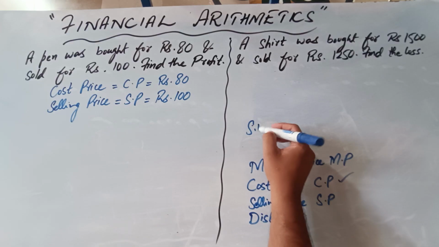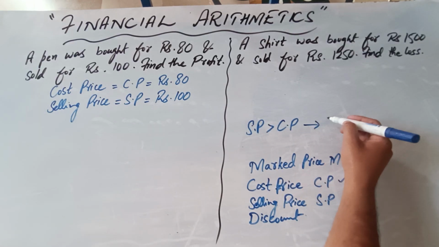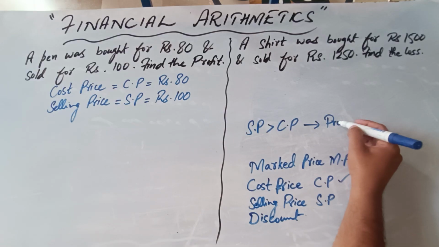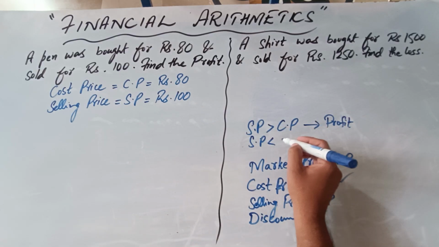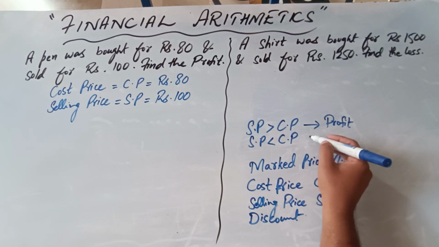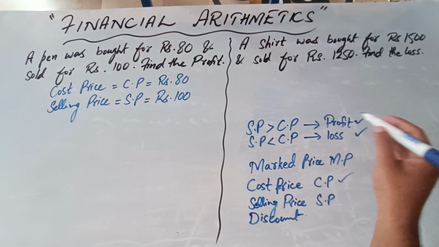Actually, we must know what is happening in this particular problem. If SP is greater than CP, it means that there is a profit. And if SP is lesser than CP, it means that there is a loss. So these two things we must know.